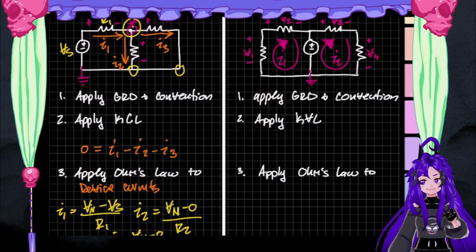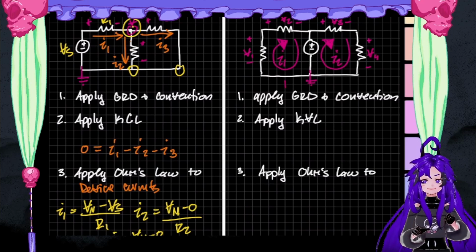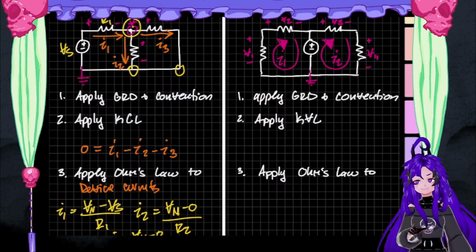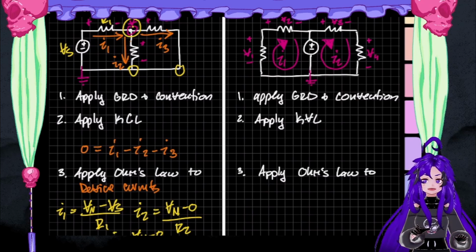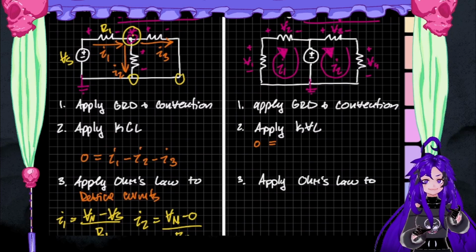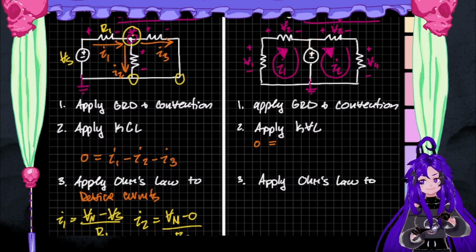So now we apply KVL, which is the current around a loop, right? So we're going to have two equations, because we have 2 loops, 2 equations. So we're going to say 0 equals... All right, well, let's start with I1. We come down into the positive side of the source.